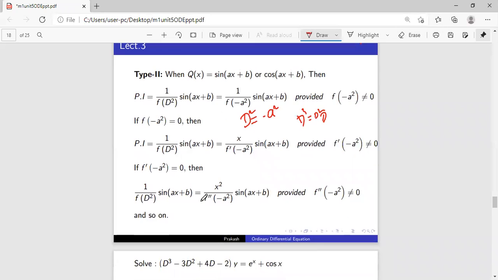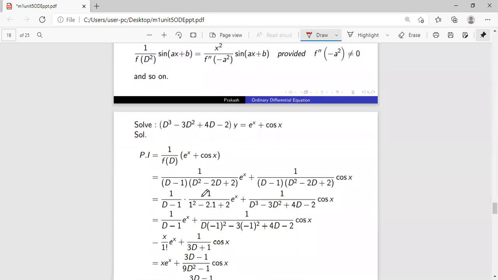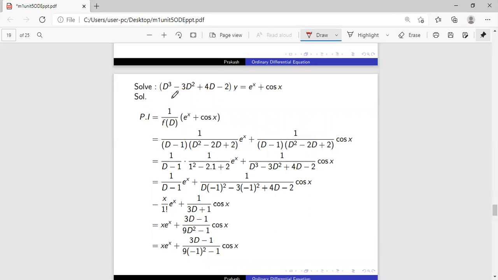For example, I will solve this problem: (D³ - 3D² + 4D - 2) y equal to e^x + cos x. I already discussed how to find the complementary function in the previous lecture, so I am going to discuss the particular integral only.